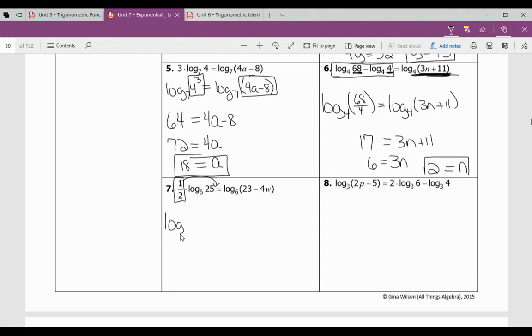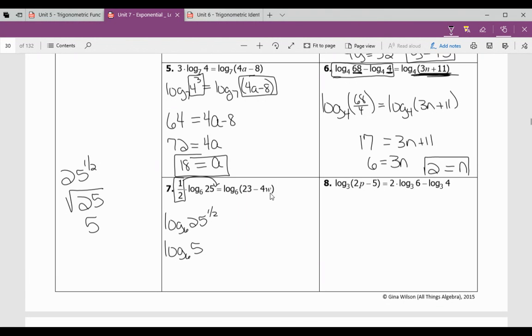Do you remember what a fractional exponent actually represents? Okay, so 25 to the 1/2 power is actually the same as the square root of 25, which is 5. So I'm going to go ahead and simplify that to log base 6 of 5. There is nothing I need to do with the other side.